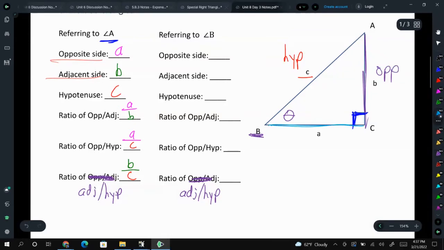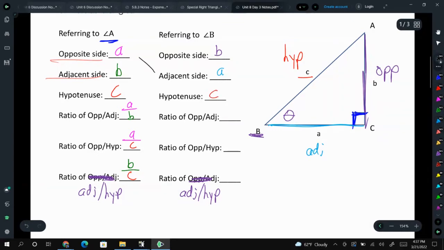And side A right here is the adjacent, because remember, the opposite side does not touch the angle we're talking about. So the opposite side is now B. The adjacent side is A. The hypotenuse is still C.